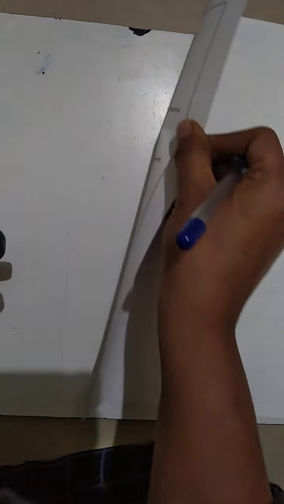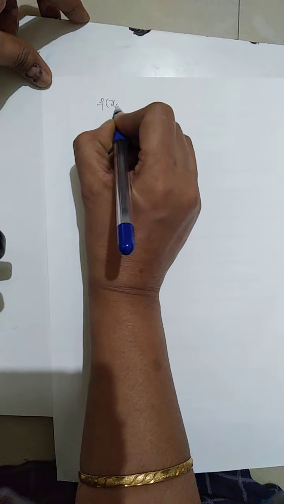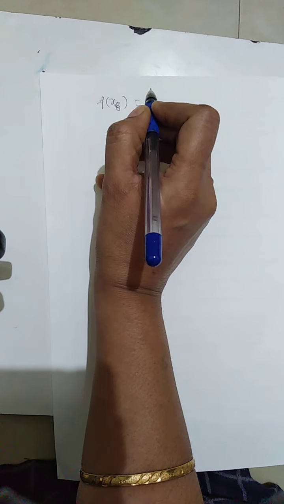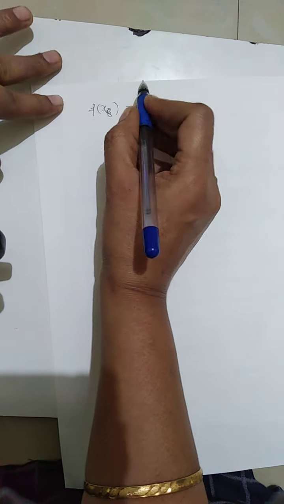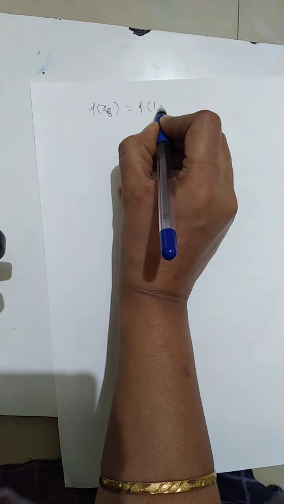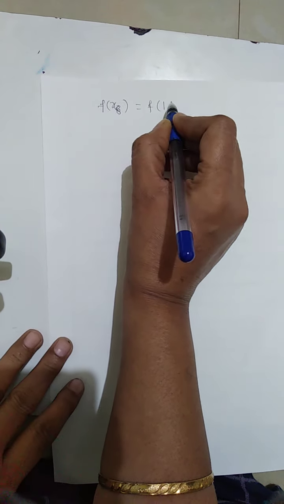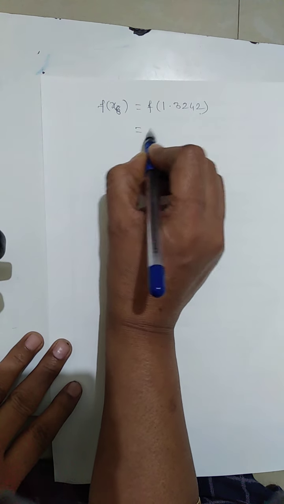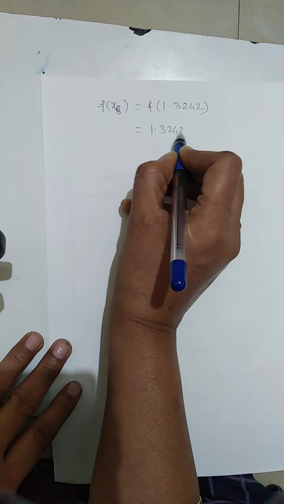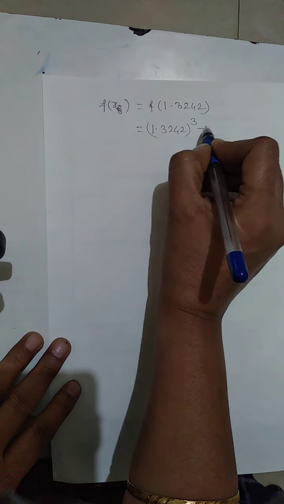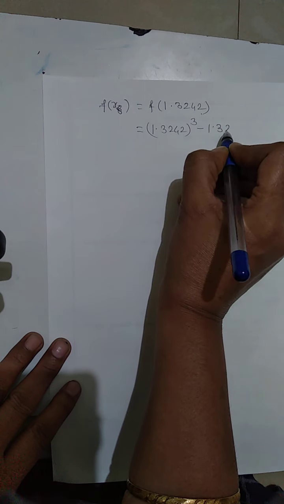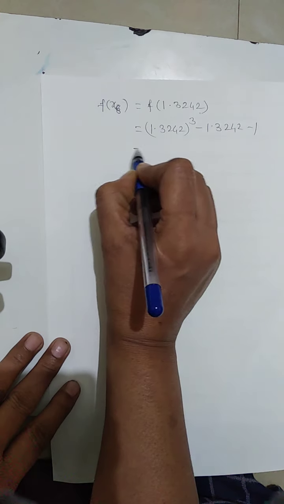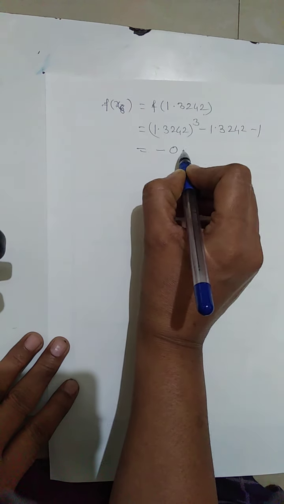Then find f of x8. f of x8 is equal to f of 1.3242, and put this value: 1.3242 cubed minus 1.3242 minus 1.